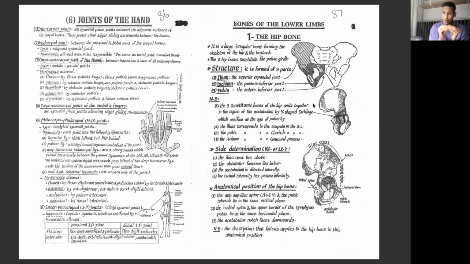And those two ligaments are very important because they close the greater sciatic notch and the lesser sciatic notch to form the greater sciatic foramen and the lesser sciatic foramen.